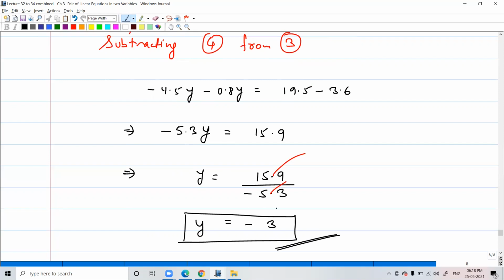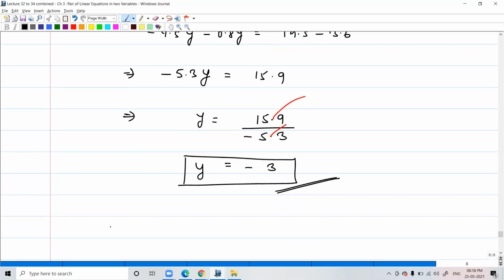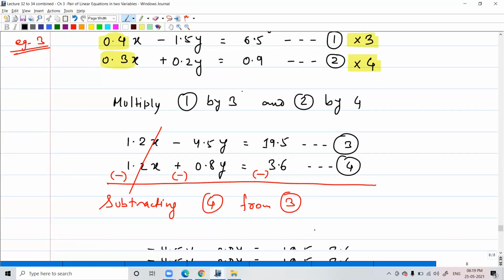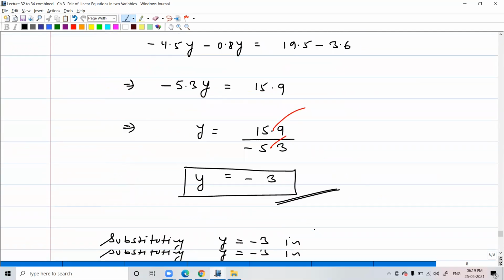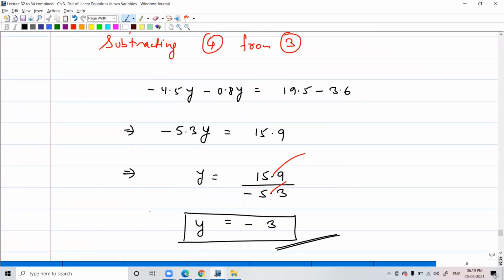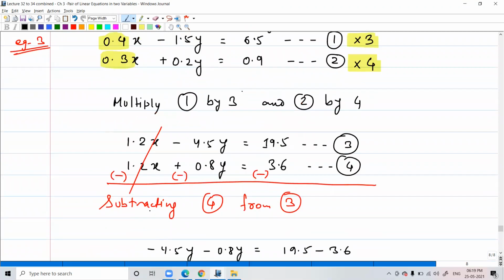Is that what everyone got? Yes, sir. So which equation should I substitute in, 1 or 2? The second equation is smaller, so I think I would prefer to do that. Tell me guys, what was the second equation? 0.3 to 0.2.